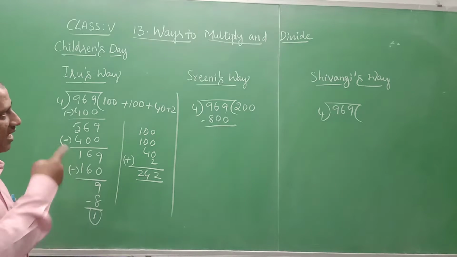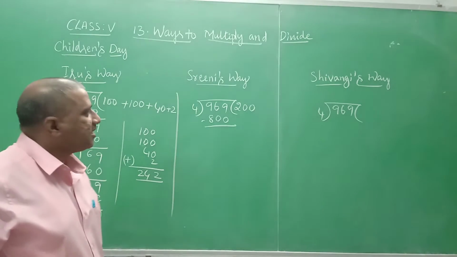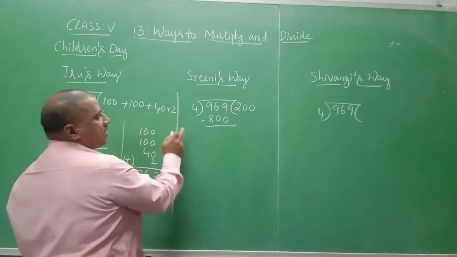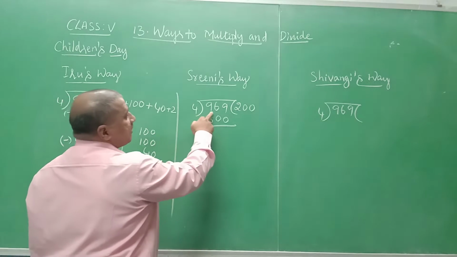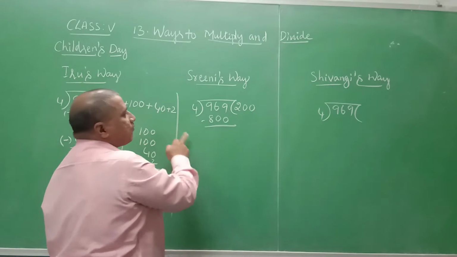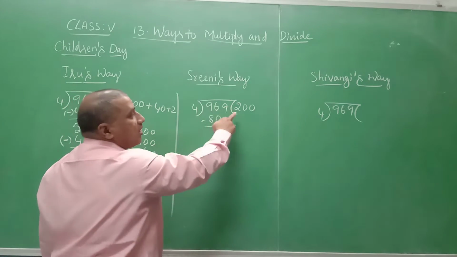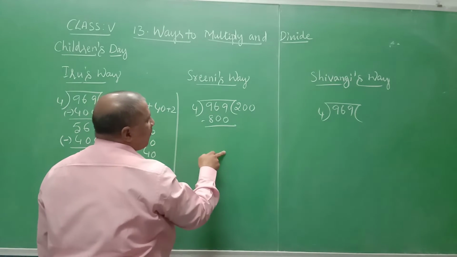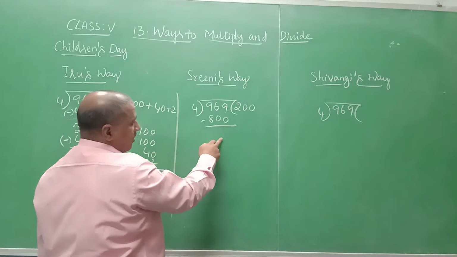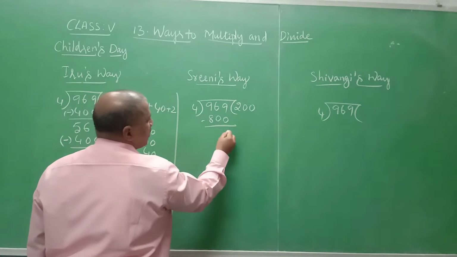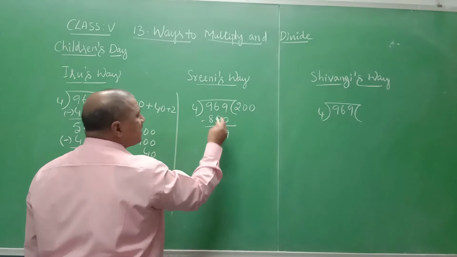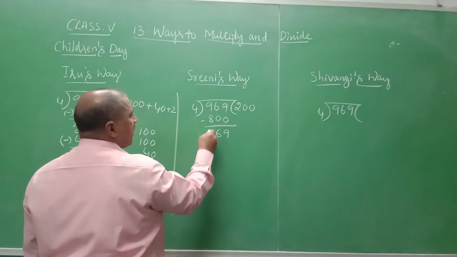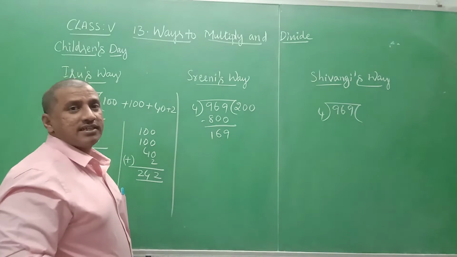Now let us check how Srini has done. Srini did division of 969 by 4. First she did 4 times 200, that is 800, and after subtraction, 9 minus 0 is 9, 6 minus 0 is 6, 9 minus 8 is 1.